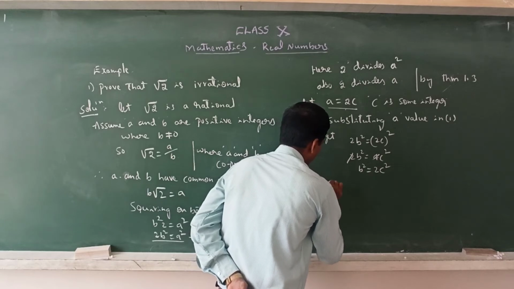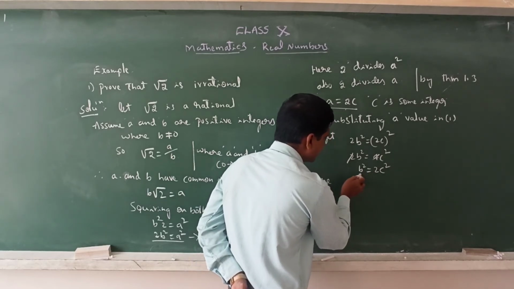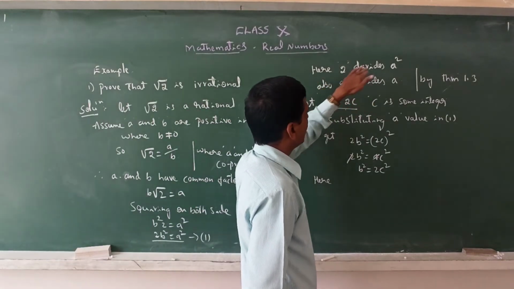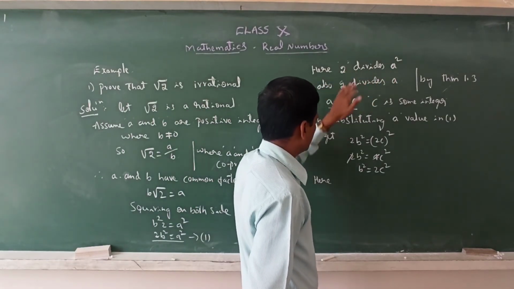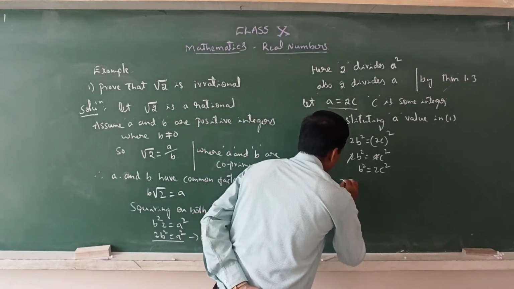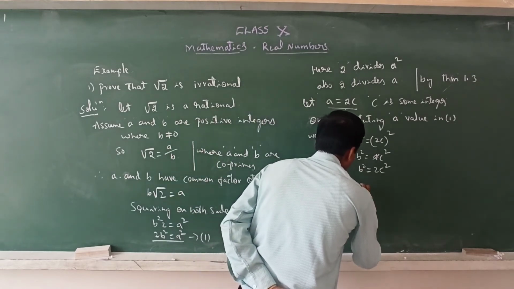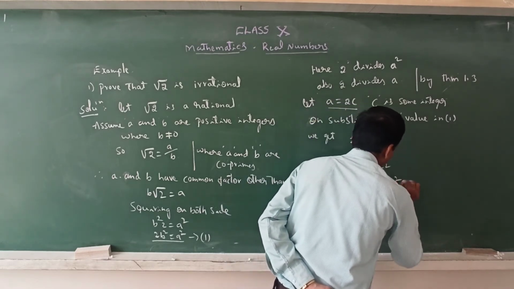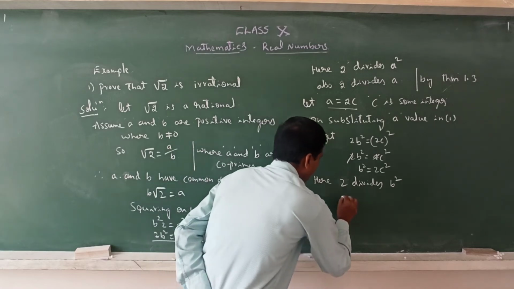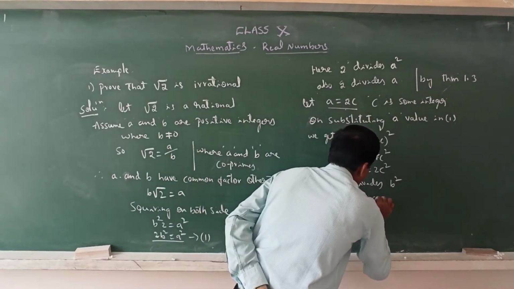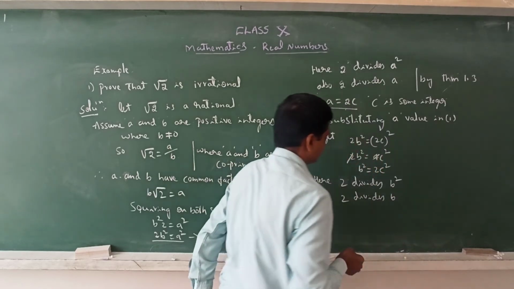Here b is another number. Already we proved a square is divided by 2. Now b square, so 2 divides b square, and by theorem 1.3, 2 divides b also.